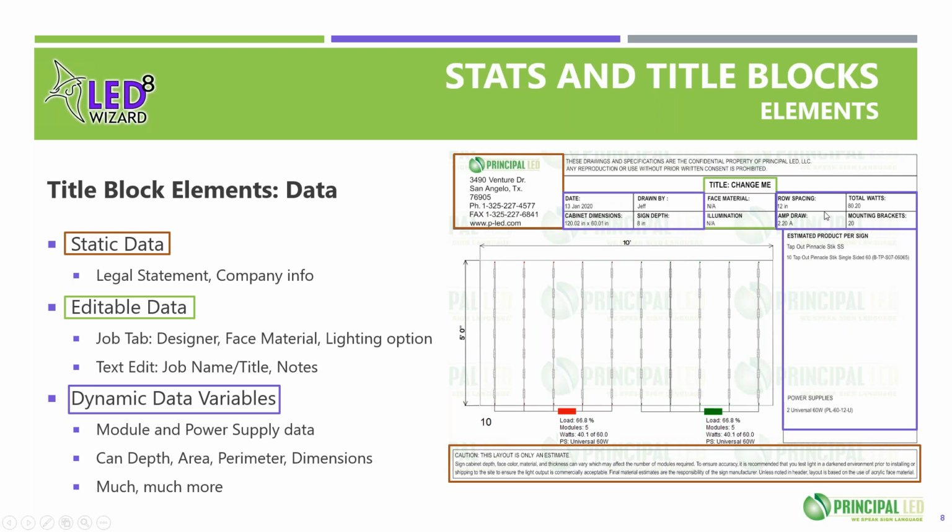So that's the data that's automatically populated from the job. Everything has its place. In some cases, there might be an NA, and that's fine if it's not appropriate. But I think we'll spend most of our time talking about the dynamic data variables.